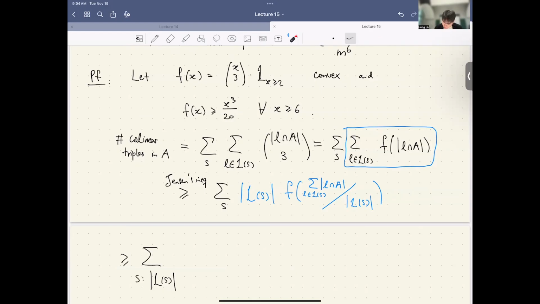What is this number of terms? We have to look at it here now.